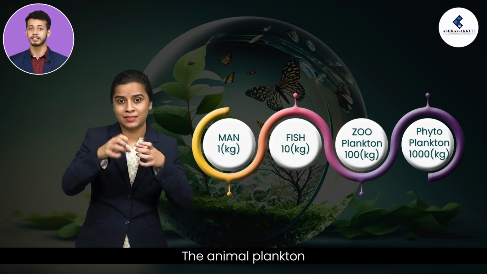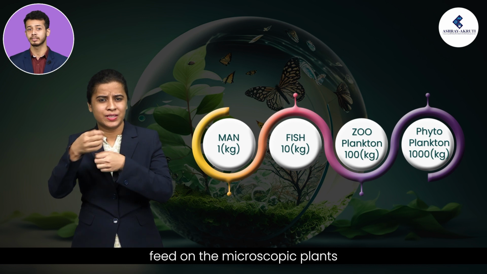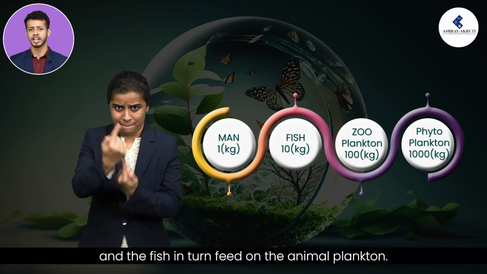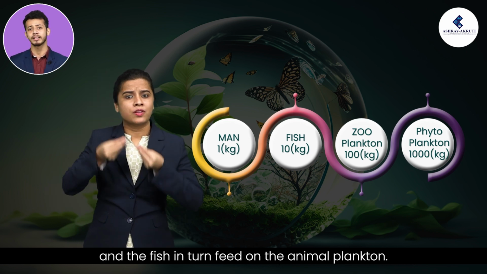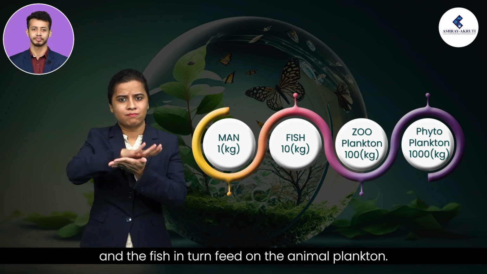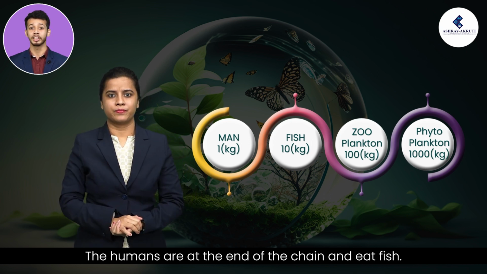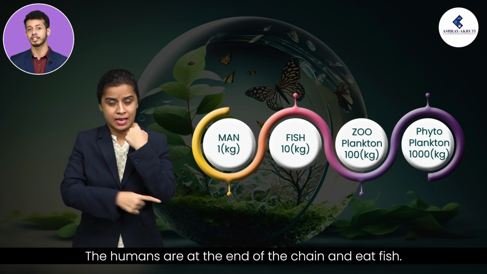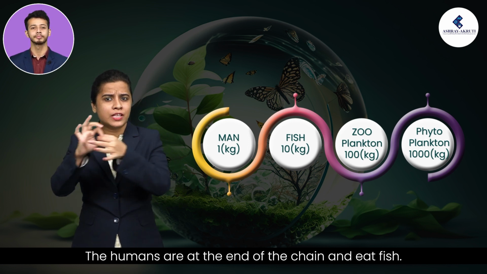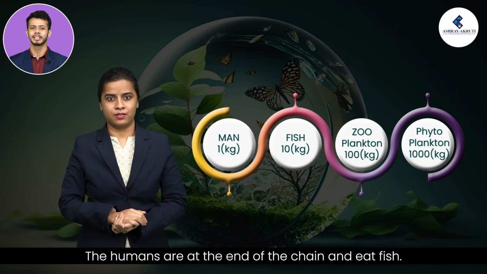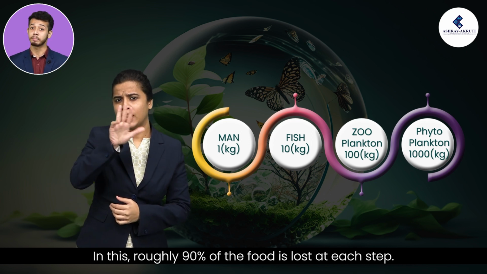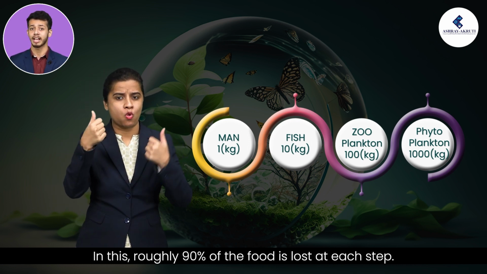The animal plankton feed on the microscopic plants and the fish in turn feed on the animal plankton. Humans are at the end of the chain and eat fish. In this, roughly 90% of the food is lost at each step.